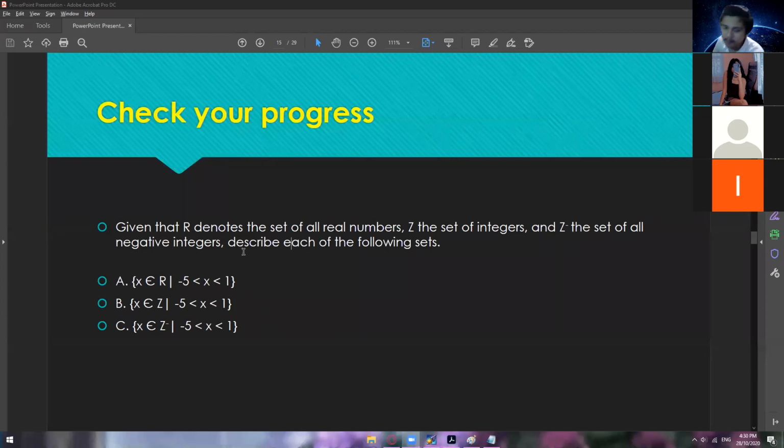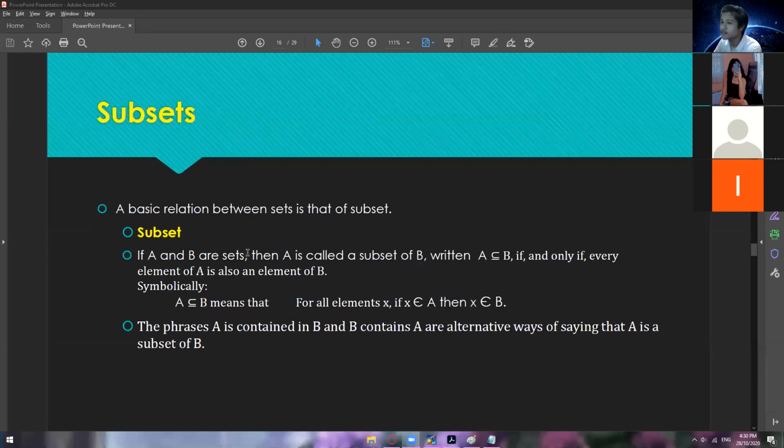All right, so moving on, let's talk about subsets. A subset is a basic relation between sets. If you say subset, there's a set and then a subset, wherein the elements of the subset can be found in the parent set, or the superset.